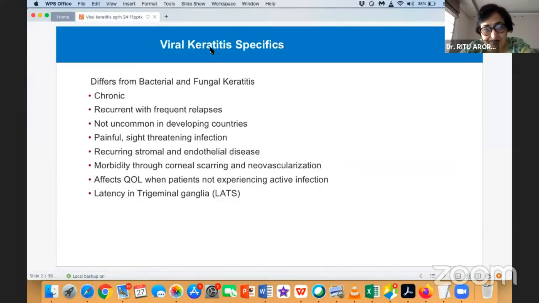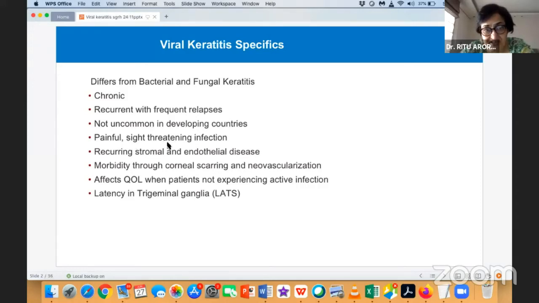Viral keratitis specifically differs from bacterial and fungal keratitis because they are usually chronic, recurrent, with frequent relapses, unlike bacterial and fungal keratitis, which once resolved stay like that. Initially, it was thought that they are uncommon in the developing countries, but it's not so. They're quite common, and they're painful.